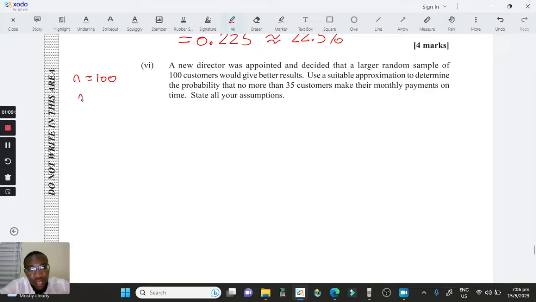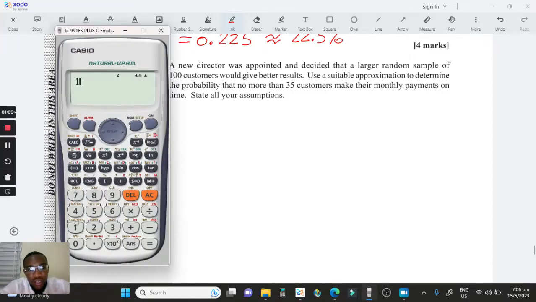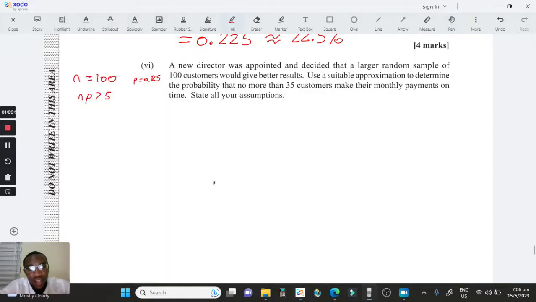Now, anytime n times p is greater than 5, right? Remember, p is still 0.25. And if we work out 100 times 0.25, you get 25. Anytime n times p is greater than 5, we approximate to a normal.